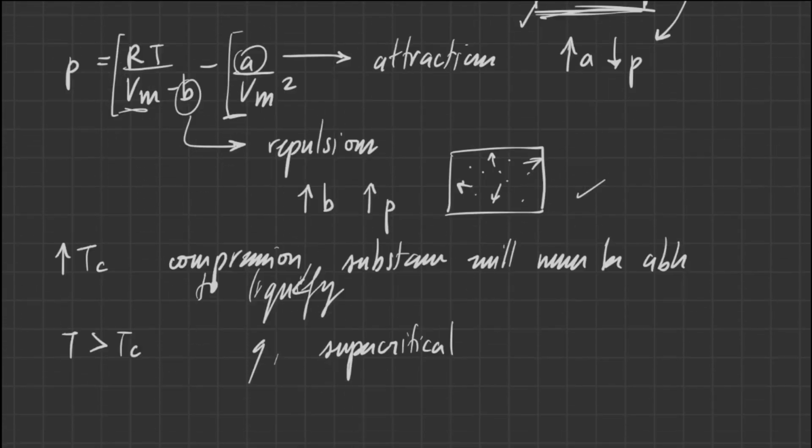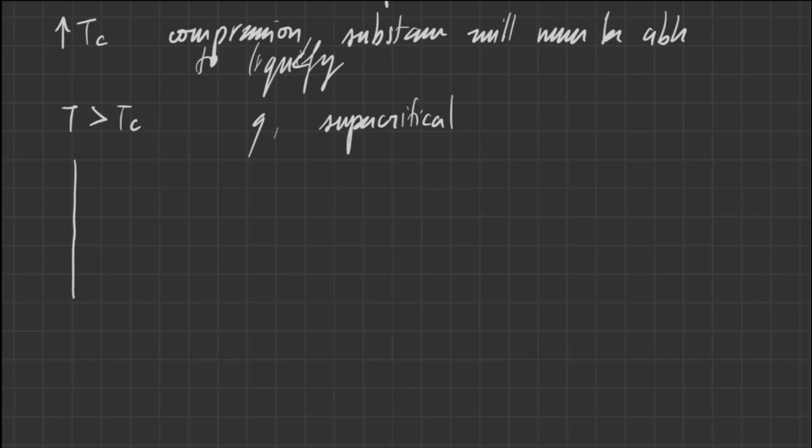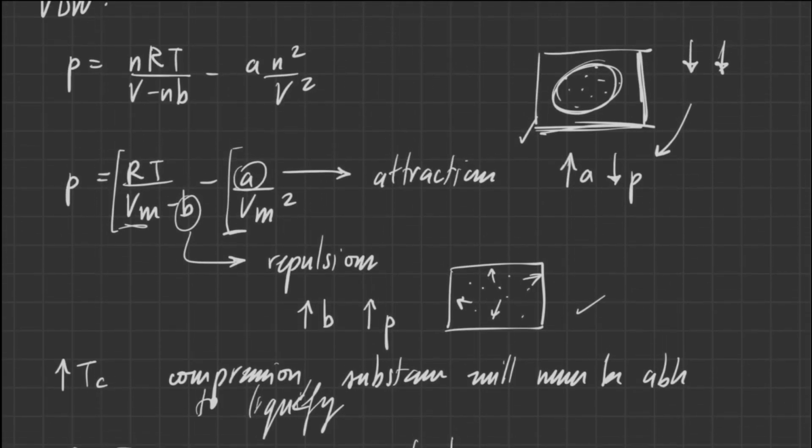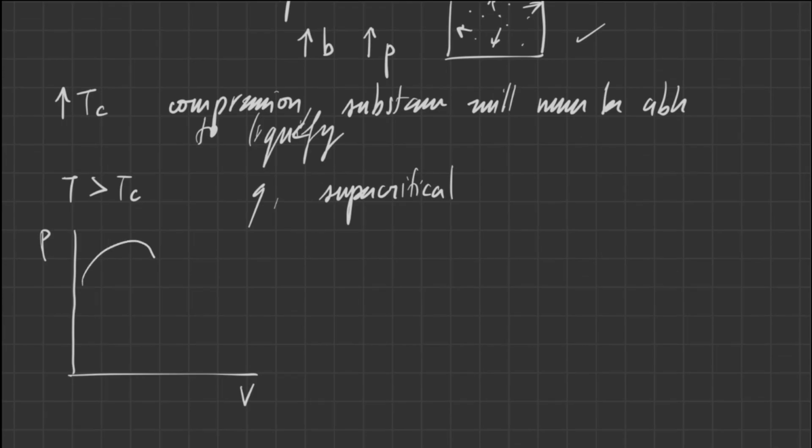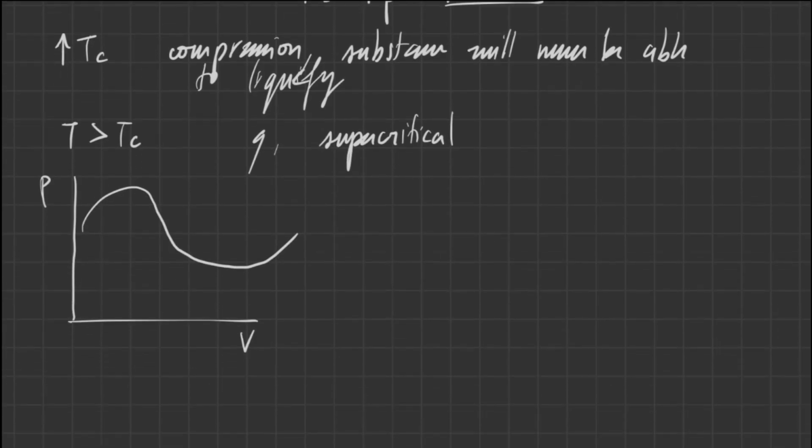So that's that. So given a graph of pressure versus volume, and using the van der Waals equation at a constant temperature, you'll get lines that look sort of like this. So here, you'll see that the first derivative is equal to 0, and that the slope is 0, if I can draw it right.